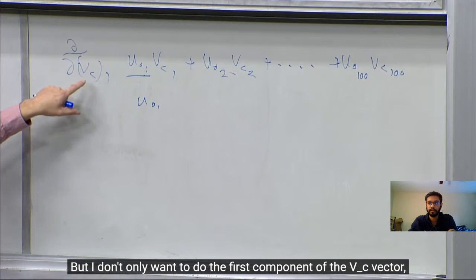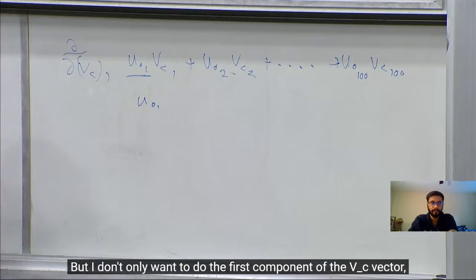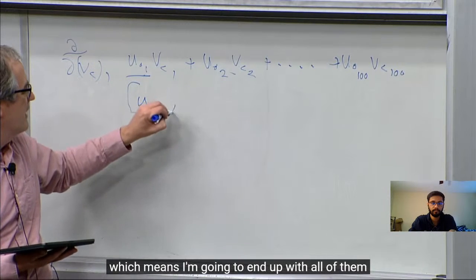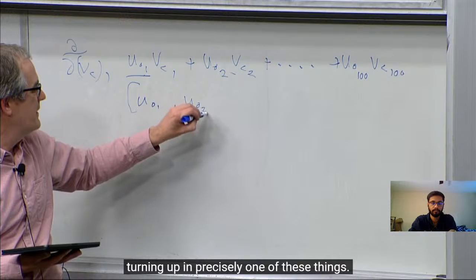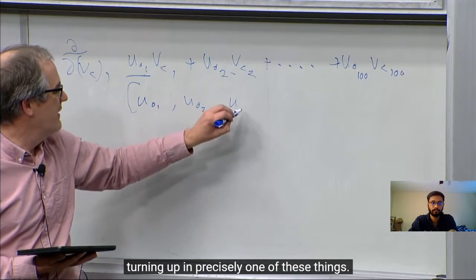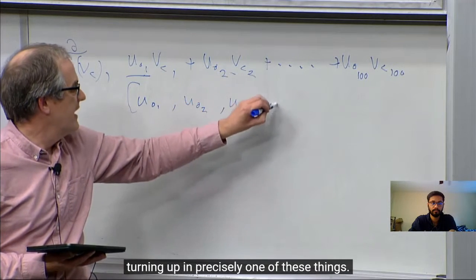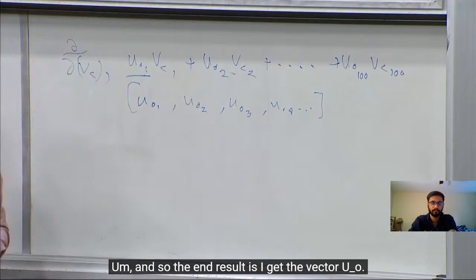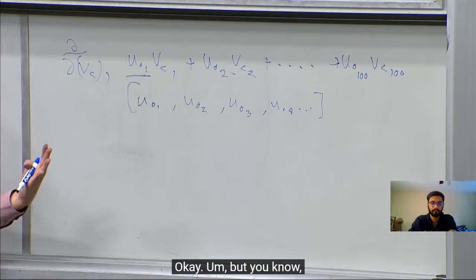But I don't only want to do the first component of the vc vector, I also want to do the second component of the vc vector, etc., which means all of them turn up in precisely one of these things. And so the end result is I get the vector uo.